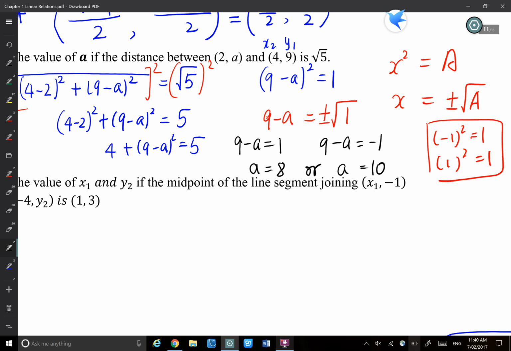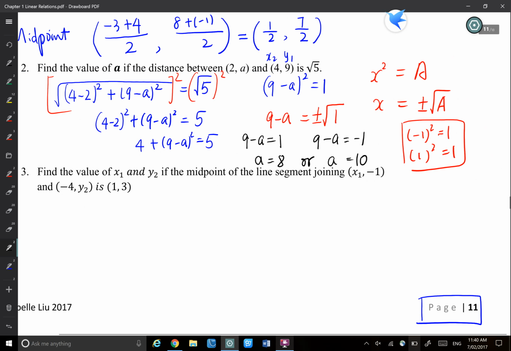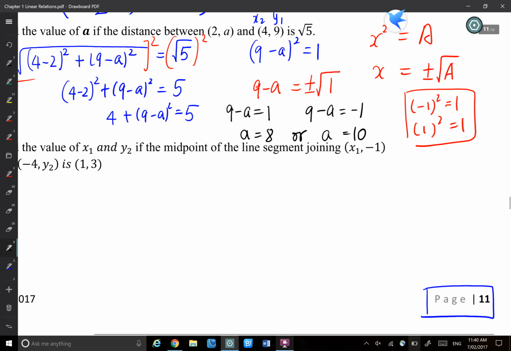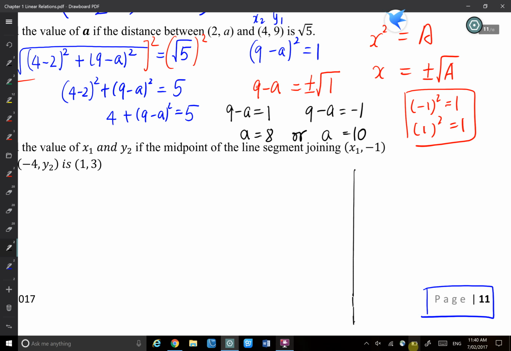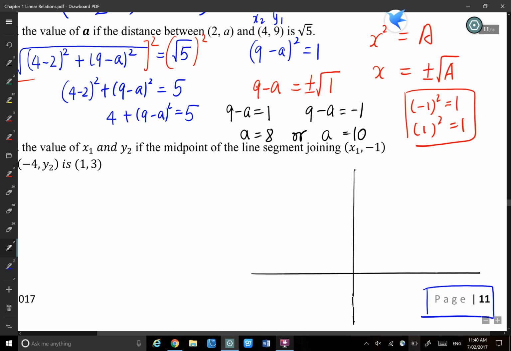If I can draw this on this line. Let's draw this. So I have 1 point, which is 4, 9.